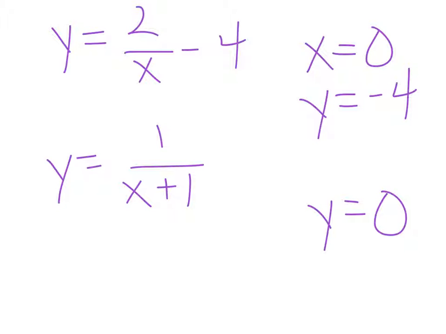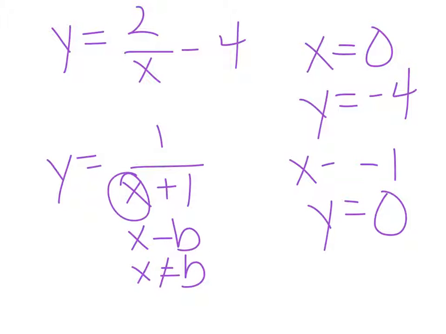The other thing is, this was kind of like the example we gave before, which was if you have x minus b, then x cannot equal b. So in this one, the number that x cannot equal is -1. So my asymptote should be x equals -1. That's the vertical one, and then the horizontal one is y equals 0. So it can never equal -1.